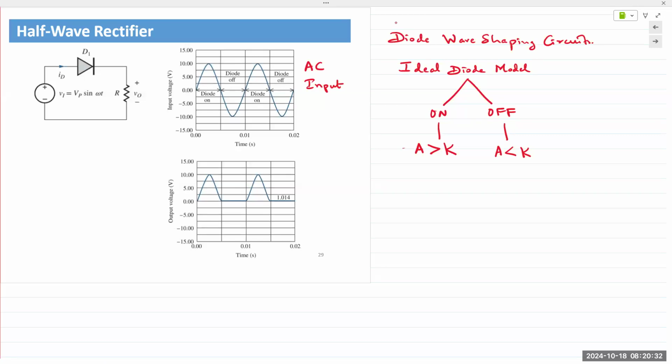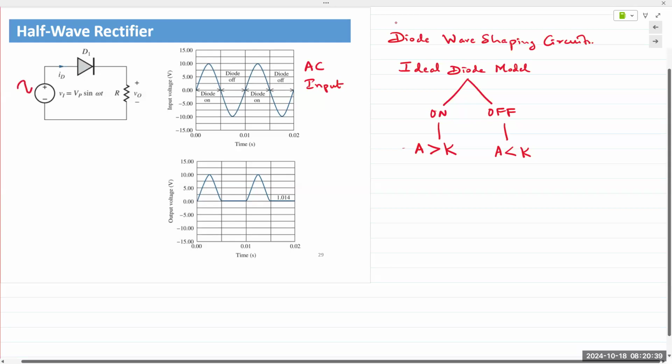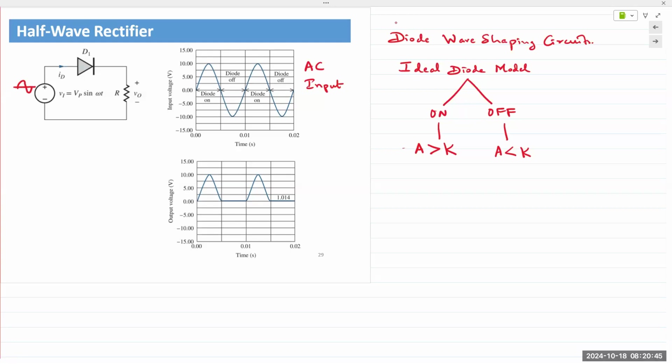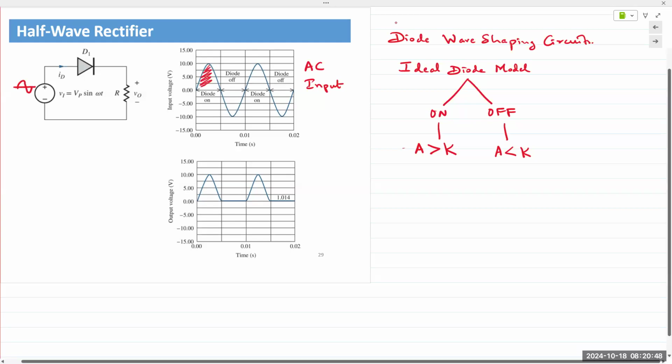So let's begin. If this is our AC input and we are applying it to this diode right here, it's applying both positive as well as negative, right? So let's take one half cycle. This is the positive half cycle where the voltage is positive.